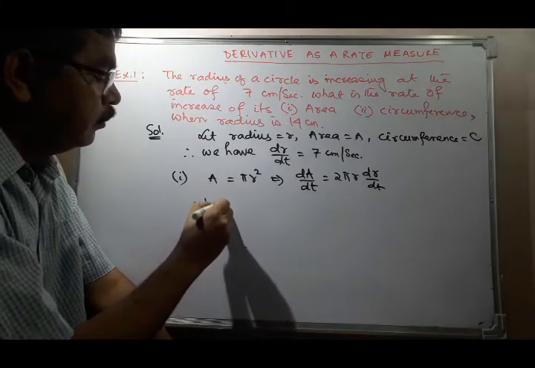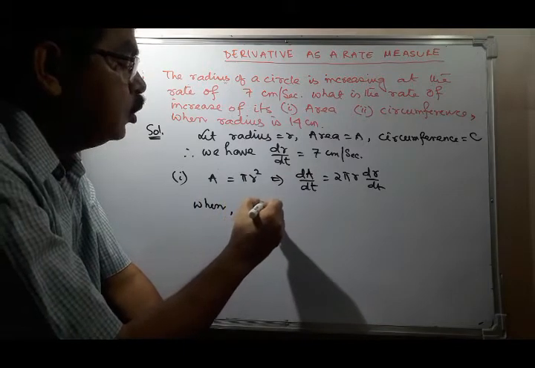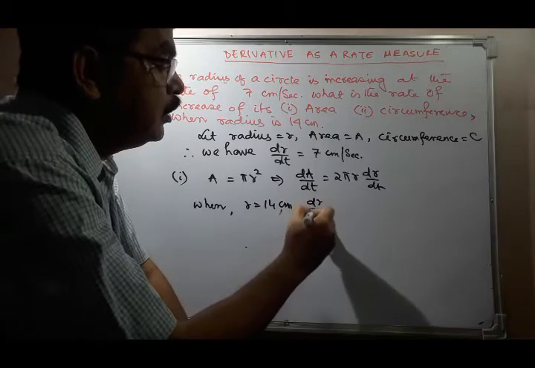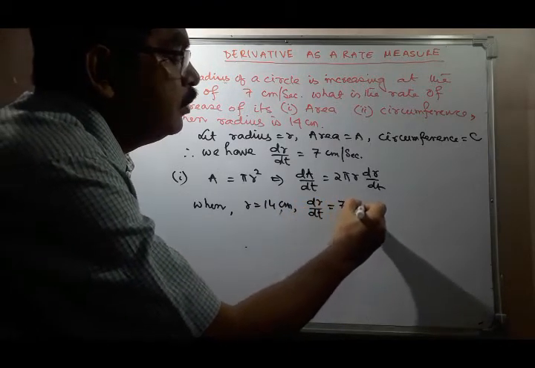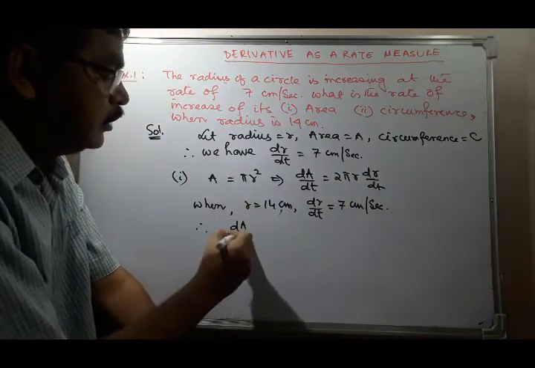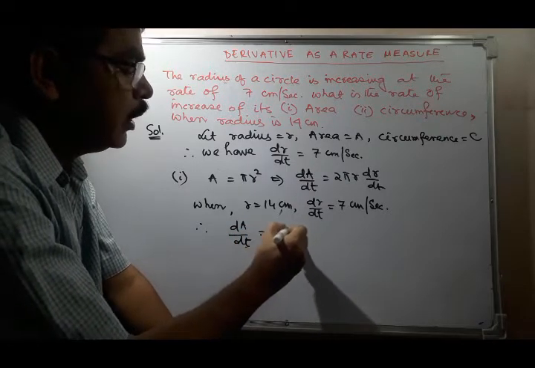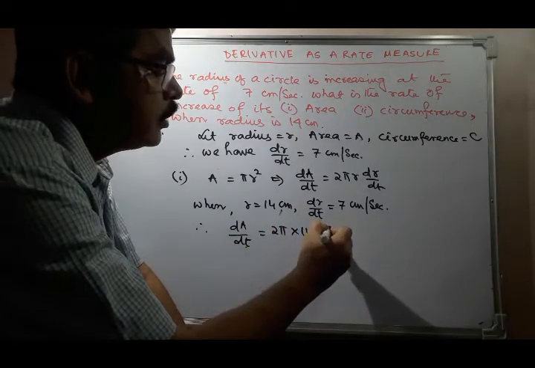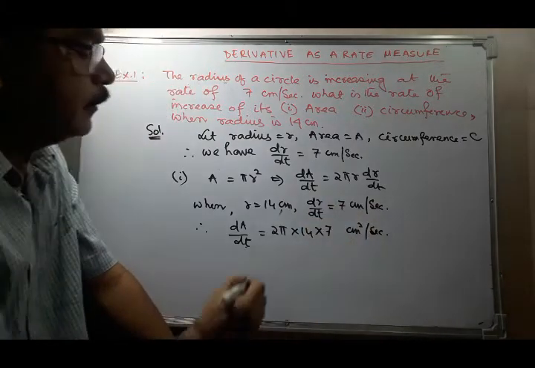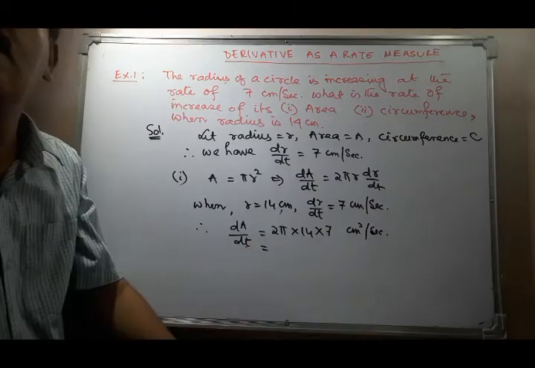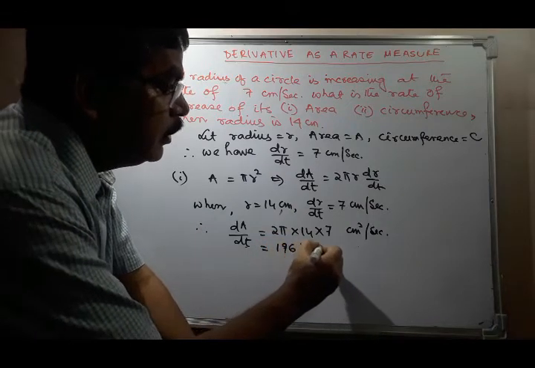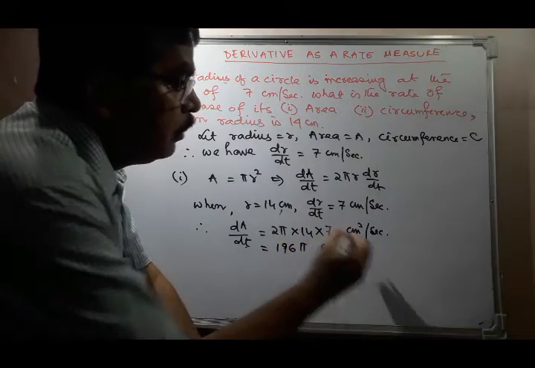Now when r equal to 14 centimeter, dr by dt equal to 7 centimeter per second, and therefore dA by dt equal to 2 pi into 14 into 7 centimeter square per second. So then we have to multiply.